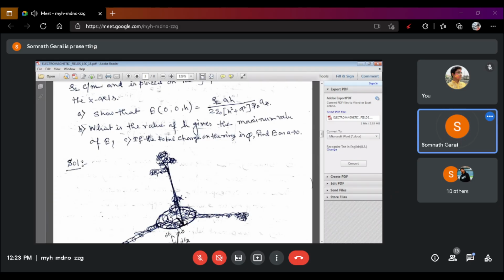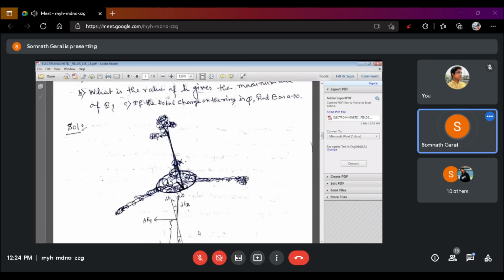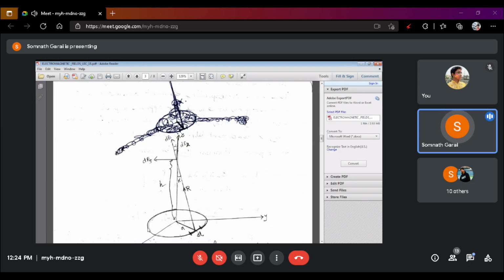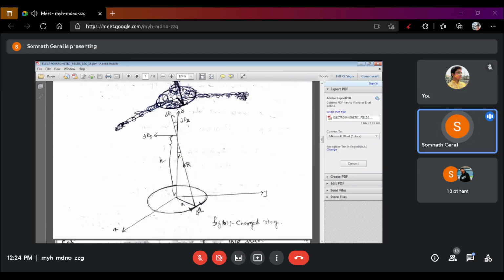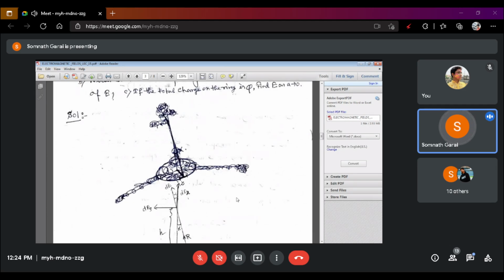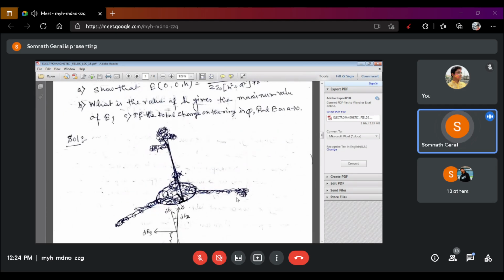You calculate it. If the total charge of the ring is equal to Q, that means 2 pi R, here R is equal to A, so 2 pi A is equal to Q. Then find the electric field intensity E as A tends to 0.